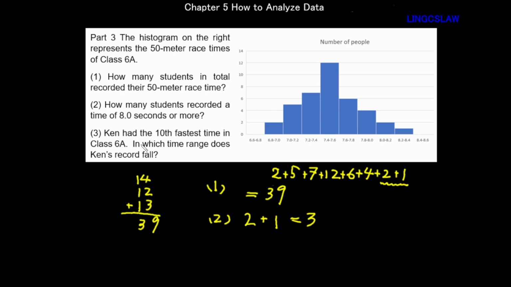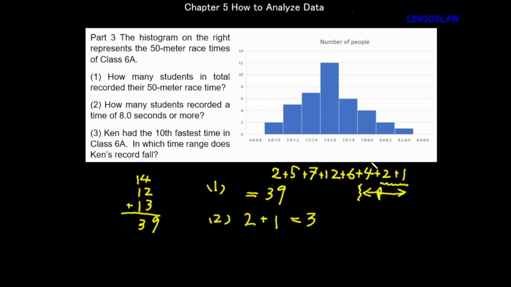Number 3: Ken had the 10th fastest time in class 6A. So 10th fastest time means, okay, this person is the fastest, and then these 3 people are up to the 3rd fastest, and from here, 1 plus 2 plus 4 equals 7.